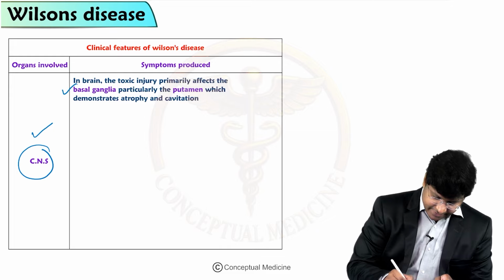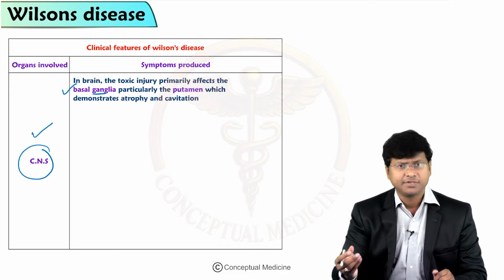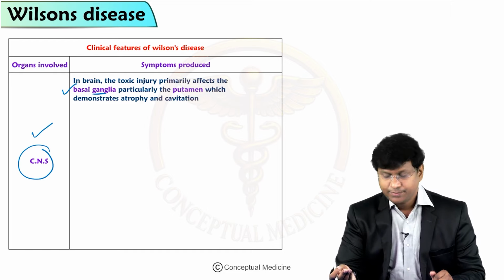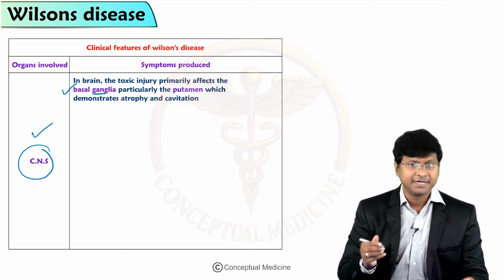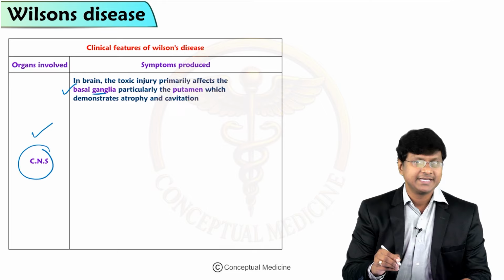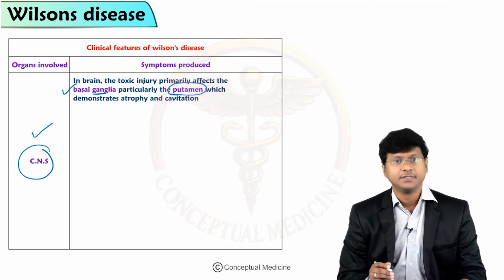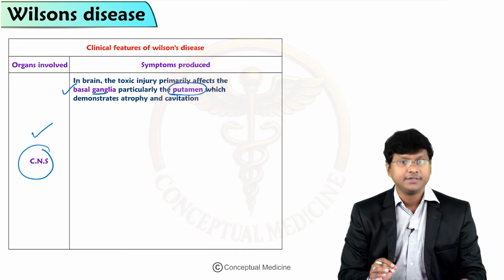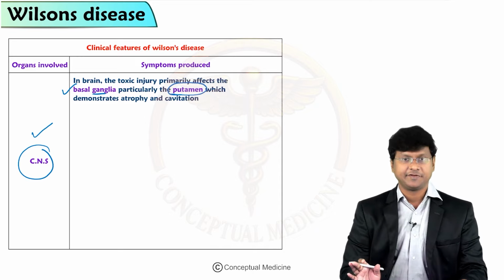Within the basal ganglia, you know the parts we have, like the caudate nucleus, putamen, substantia nigra, subthalamic nucleus of Luys. Okay, so these are the various parts of your basal ganglia, but the part that particularly gets affected is the putamen, which demonstrates atrophy as well as cavitation.